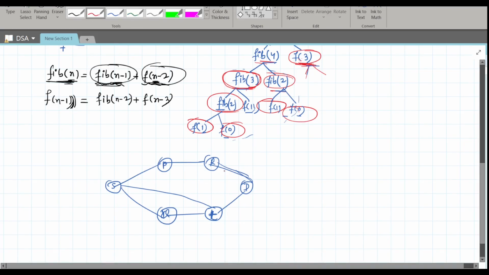For example, if S is our source node and D is our destination node, then we can reach the destination node from S via this path, but this consists of three edges.